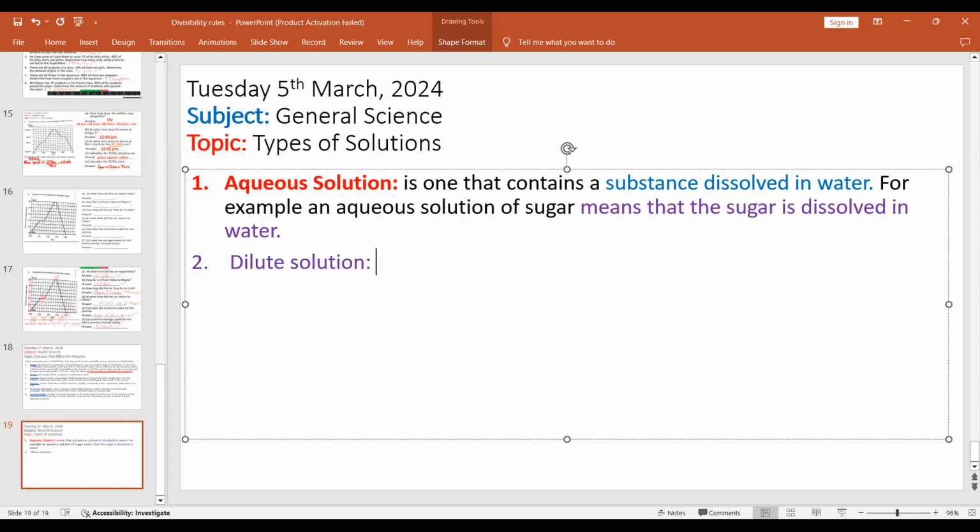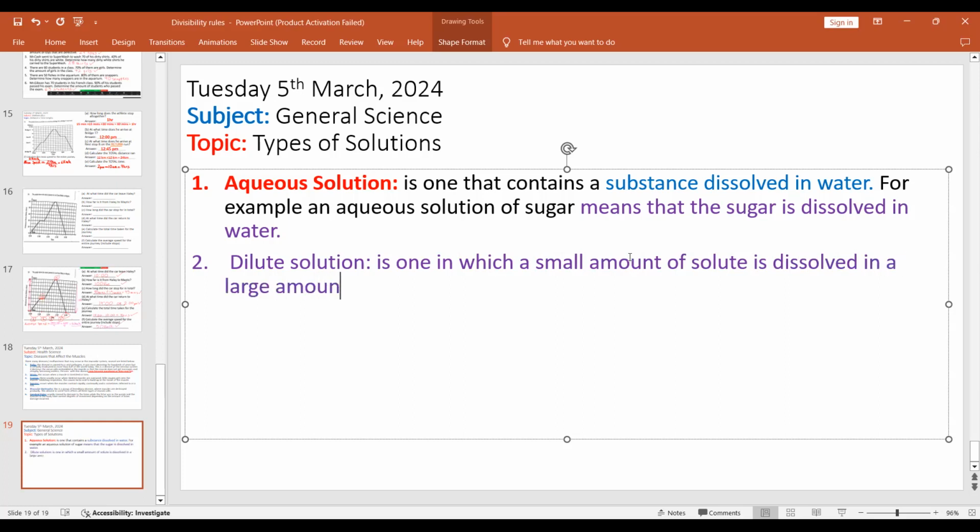A dilute solution is one in which a small amount of solute is dissolved in a large amount of solvent.